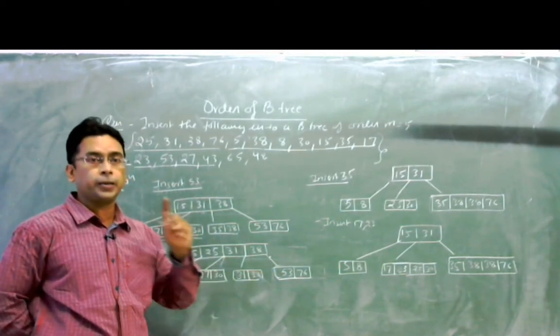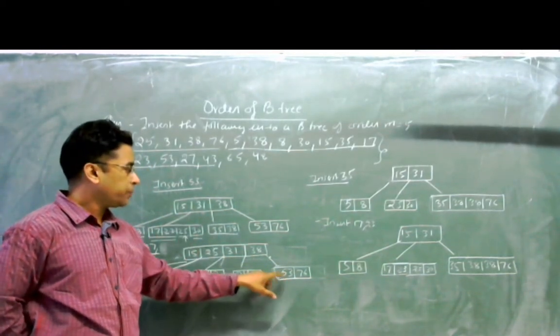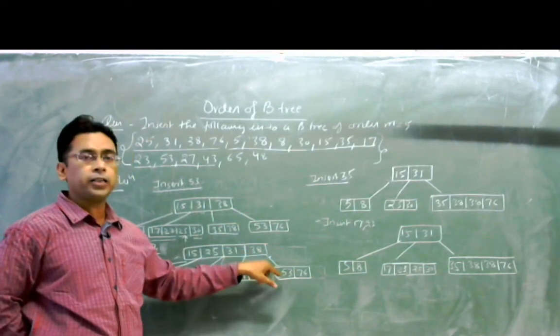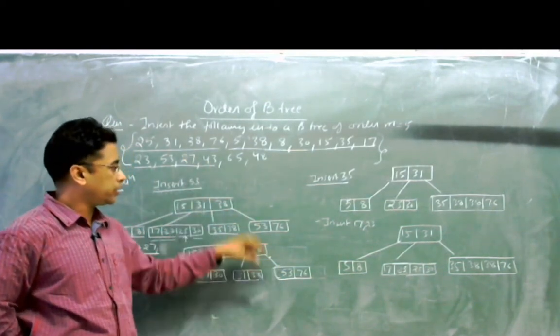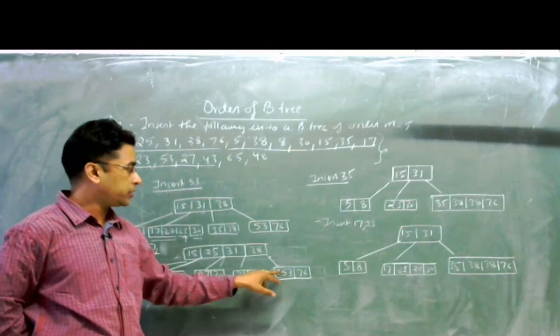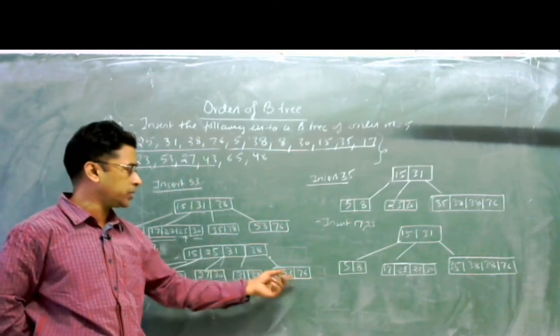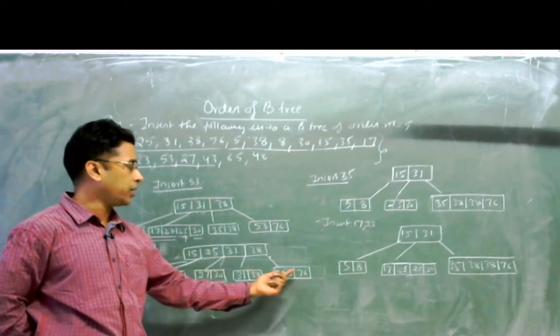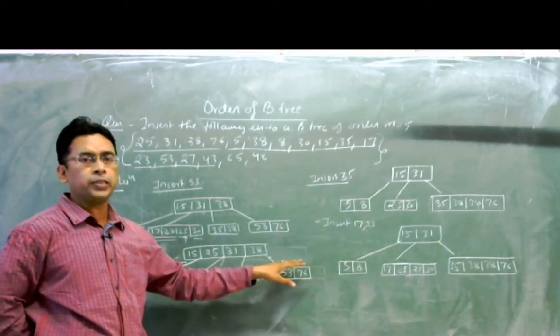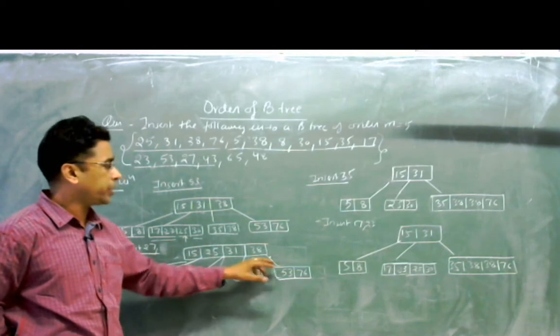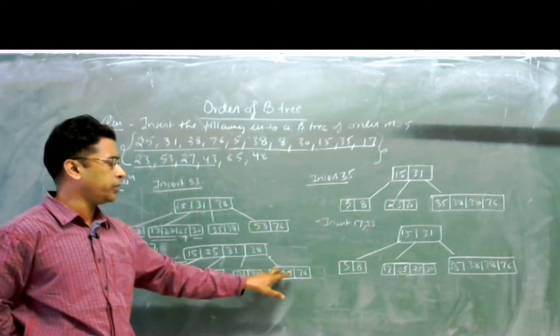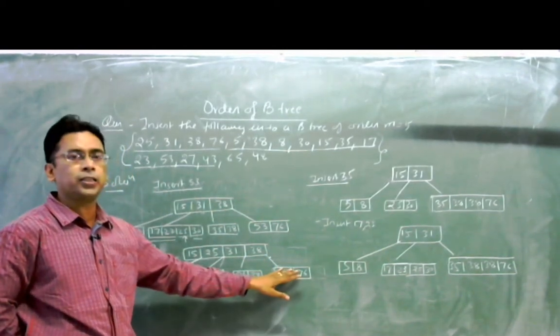Sorry, because I made a mistake. A student may directly insert the 43 at this position because this node has just 2 keys, and he places another key because it is under the limit, and he can insert at most 4 elements. So he inserts 43 at this position.